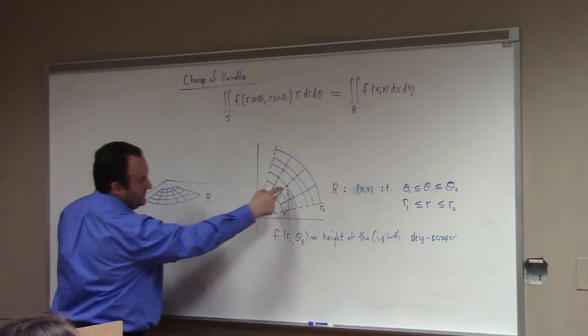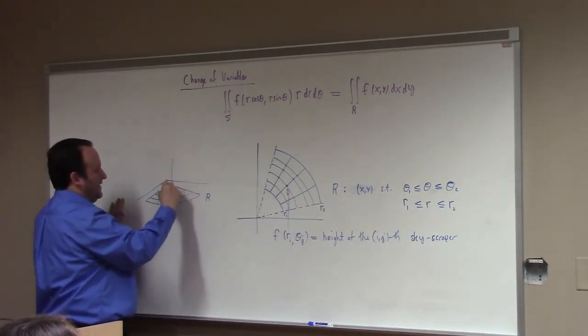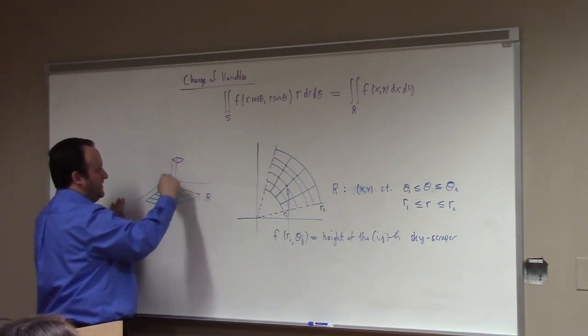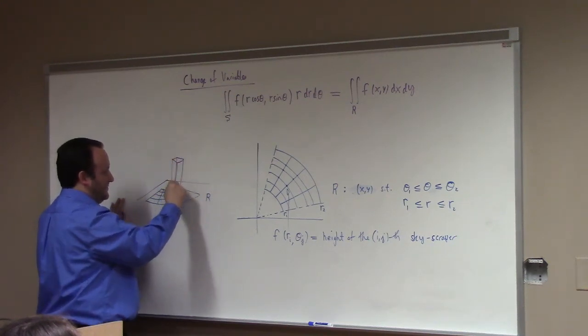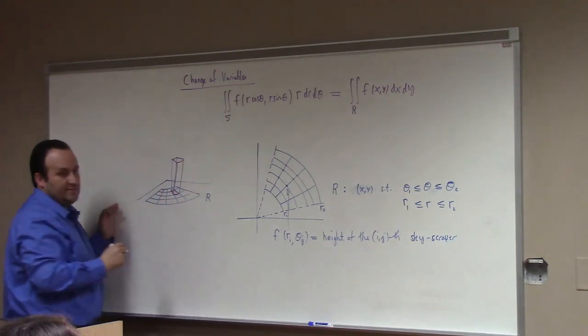So if this is the ijth one, it's got one side that's curved. I mean, it's a very elegant modern skyscraper. It's got two flat sides and two curved sides. This would be a real pain to build.